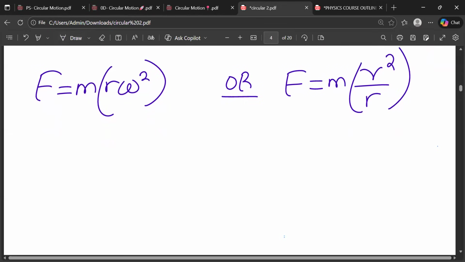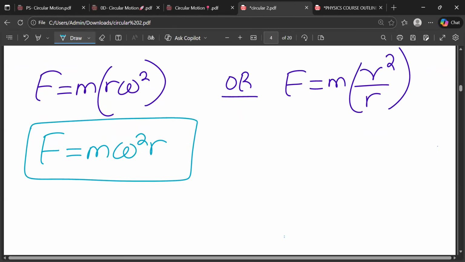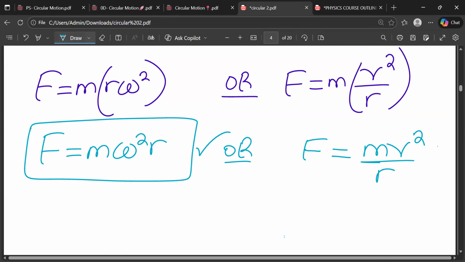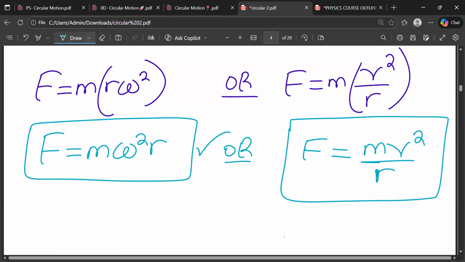So you'll find them rearranging it in such formats that your F is m omega squared r. So you just know that is centripetal force. So when I use any of these as we calculate, I don't want people to ask me a lot of questions. V squared over r. So those two, centripetal force.